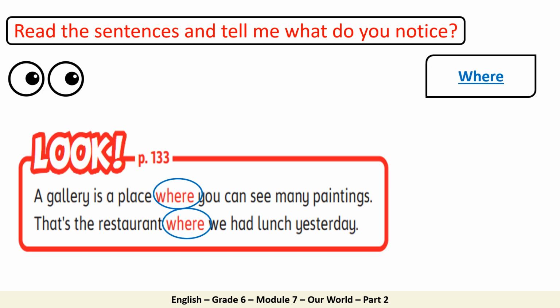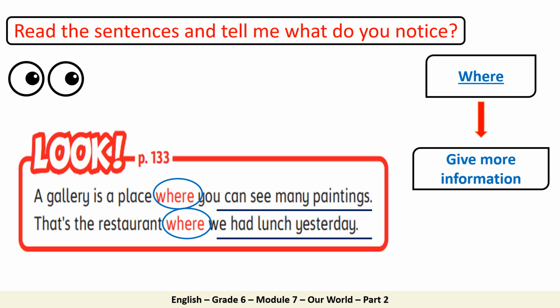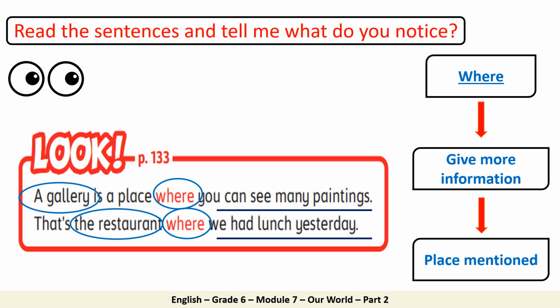We usually use this word as a question word to look for places, right? That's right. Very good. But is it a question here? It's not. It's not a question. What is it? Yes, it's a word or an adverb that gives us more information about the place that we mentioned before, right? So put that in mind and we will explain furthermore about this word.